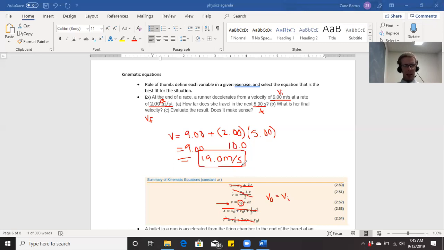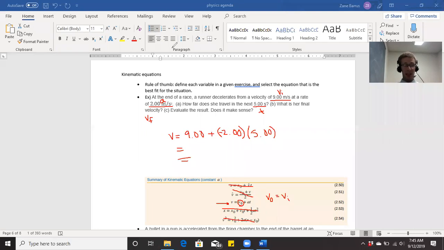Decelerating means to slow down, right? So what I should have done is make my acceleration negative, because this person is slowing down. Now that's going to impact our results. So let's change our answers since we stumbled upon that realization.